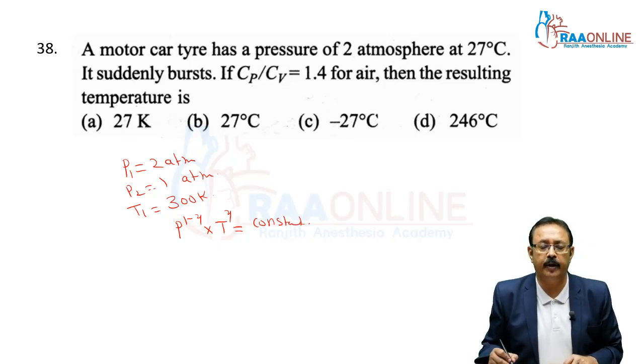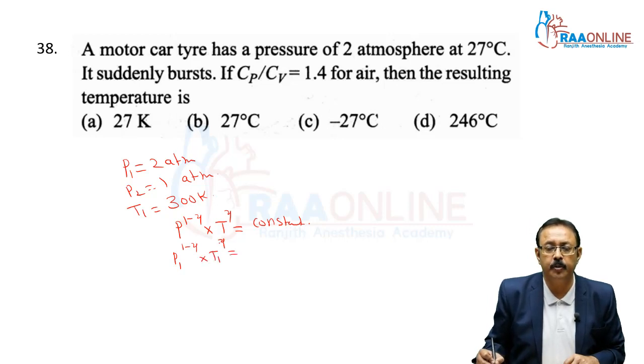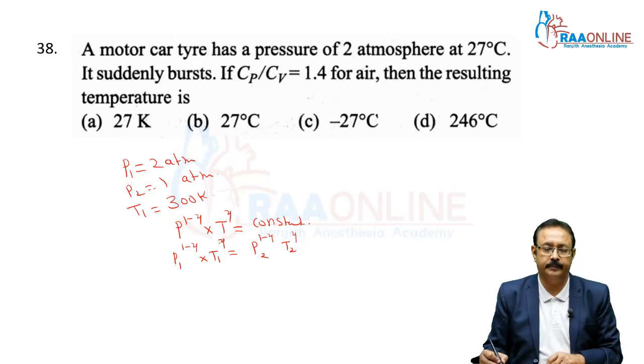Gamma they gave 1.4. What is the initial value? P1 raised to the power 1 minus gamma into T1 raised to the power gamma should be equal to P2 raised to the power 1 minus gamma, T2 raised to the power gamma.